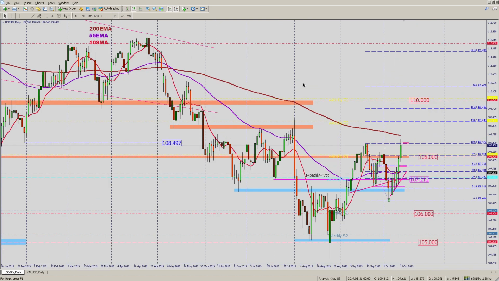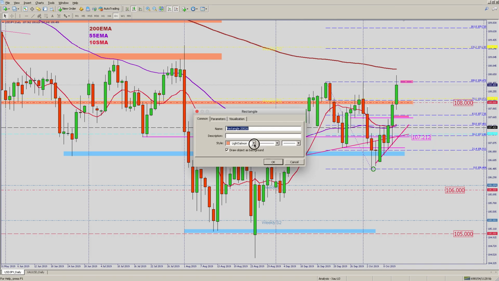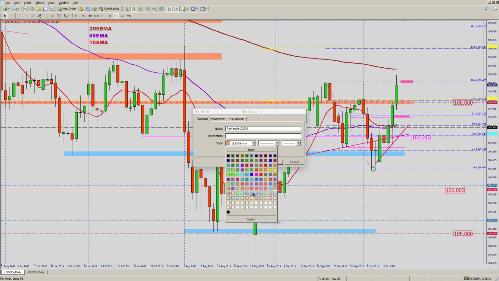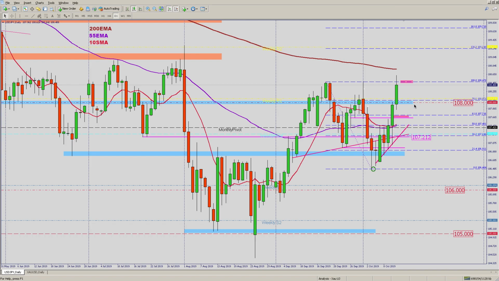And as well, this previous resistance now is going to be support at 108.